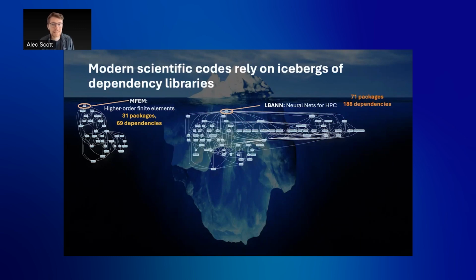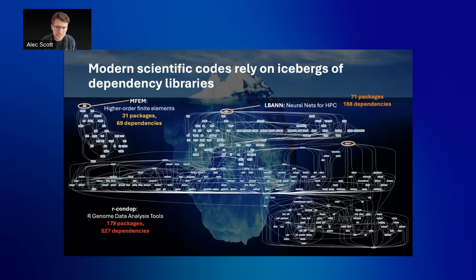So we have LBANN. This is a product out of Livermore for training neural networks on HPC. LBANN has 188 dependencies, and you can map that to 71 packages inside of Spack. But let's go way bigger. So R Conda is a genome analysis tool, and it's got 179 packages in Spack.